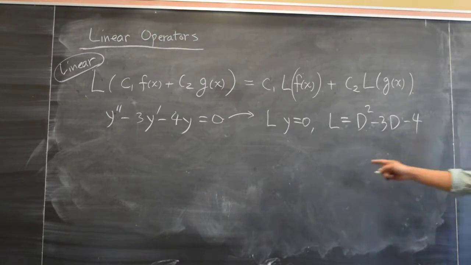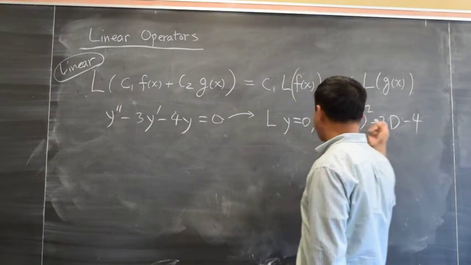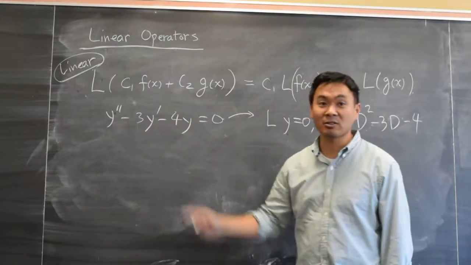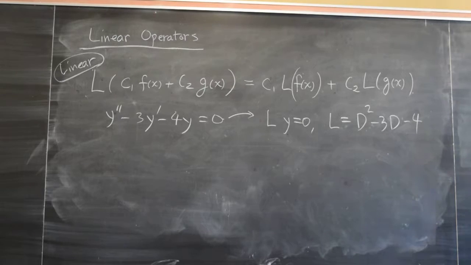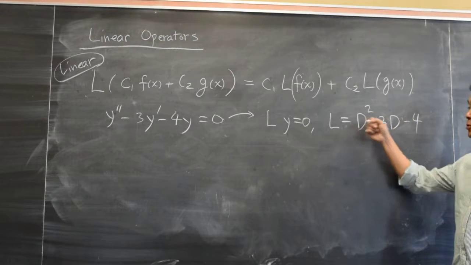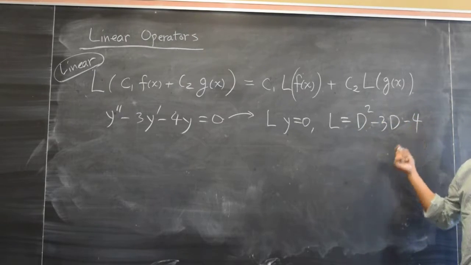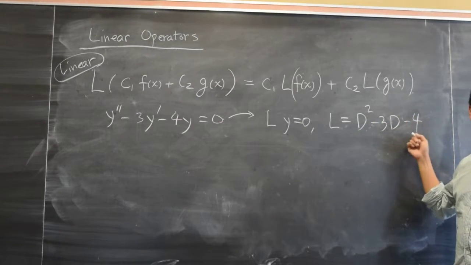That's the operator on the left side. If you apply this operator to y, then it becomes exactly this, right? And because this is a bunch of differential operators and constant multiples, it is linear. Okay?